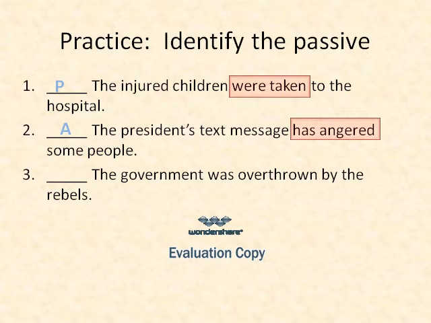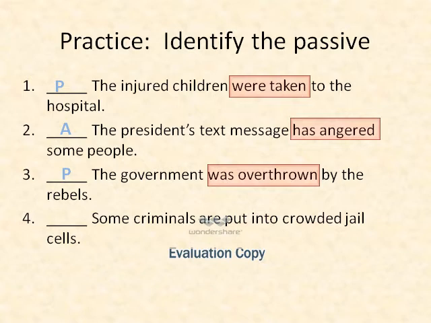The government was overthrown by the rebels. Was overthrown. We have the past tense of be, was, and the past participle of overthrow, overthrown. So that's a passive voice. Some criminals are put into crowded jail cells.